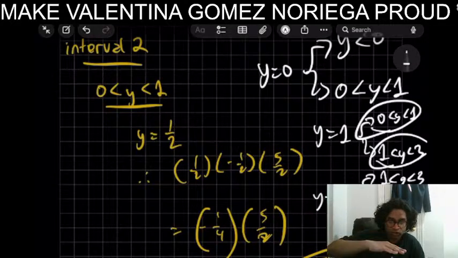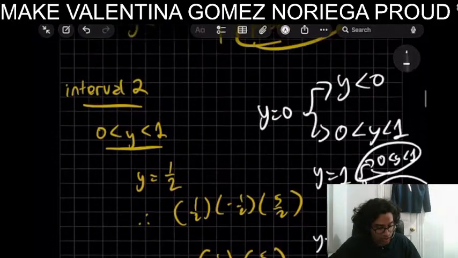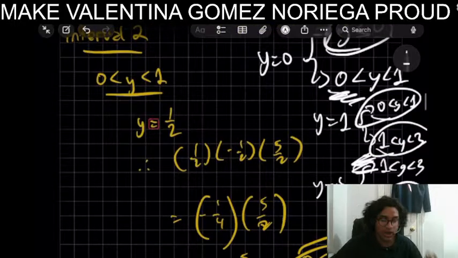The bottom for the previous one is the top for the next, so these two are the same, and these two are the same. So we need y less than 0 and y greater than 3.